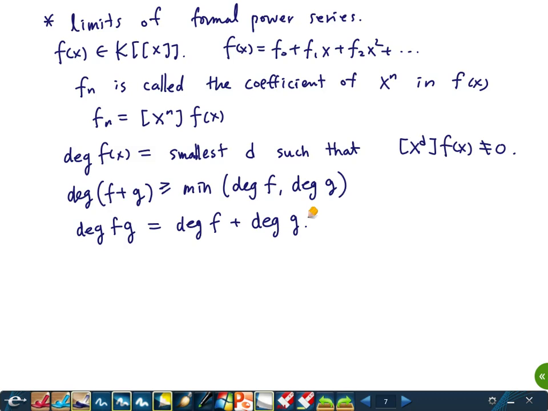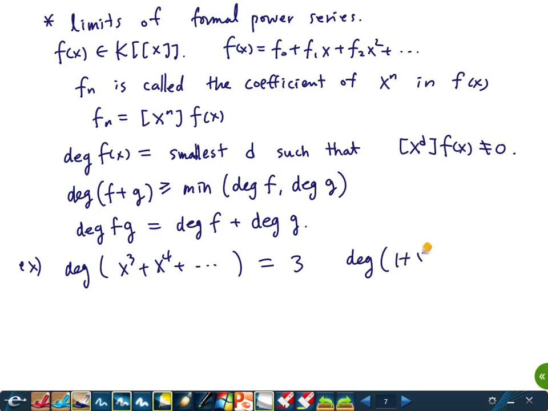All right? Maybe some examples. What is the degree of x cubed plus x to the fourth plus so on? That's 3. The smallest d such that the coefficient is non-zero is 3. What is the degree of 1 plus x? 0.